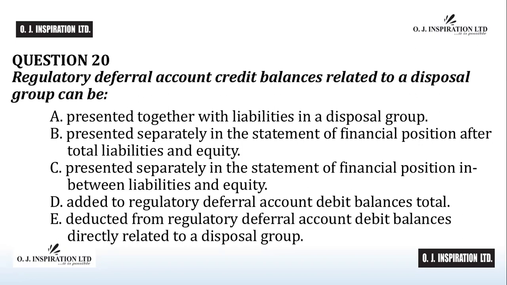Alternatively, they can be presented together with a single line item of total regulatory deferred account credit balances. In this case, disclosure is made to specify or clarify the portion of the total regulatory deferred account credit balances that is related to the disposal group. B is the answer to question number 20.